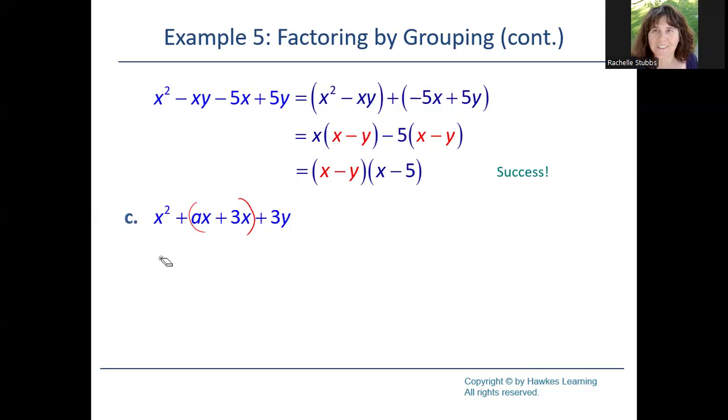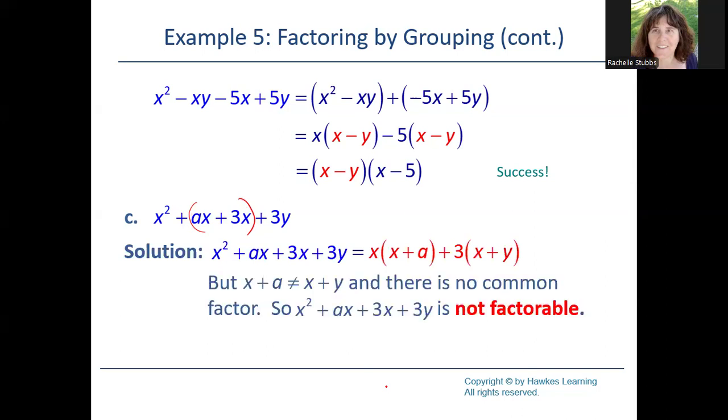And then I'm thinking, because I've tried it with this, what if I tried it with this? And I'm going to see that any combination that I try, there won't be something to factor out. And so the answer there is that it's not factorable.